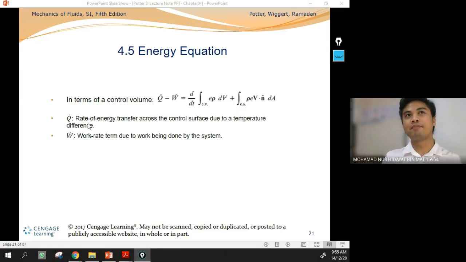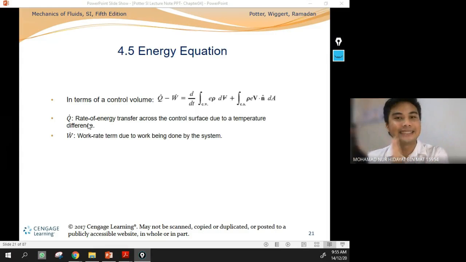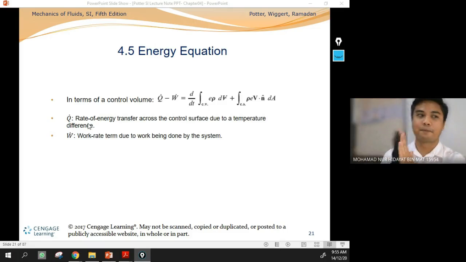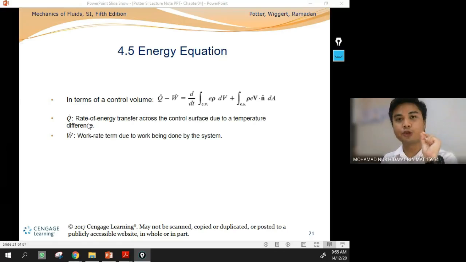Sometimes in the exam, they will simplify the term volume flow rate to be the flow rate. The same. Sometimes they omit the volume, they don't want to specify. Only flow rate. So please remember, volume flow rate is actually equal to flow rate. The formula is Q equal to AV. When you see Q dot, it is the heat energy.